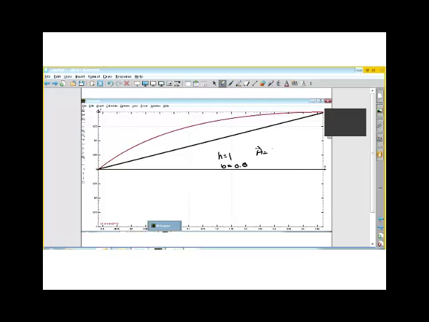So if I take the area of this triangle, it's 1/2 the base times the height, which is going to be 1/2 of 0.8 or 0.4. 1/2 of 0.8 times 1.